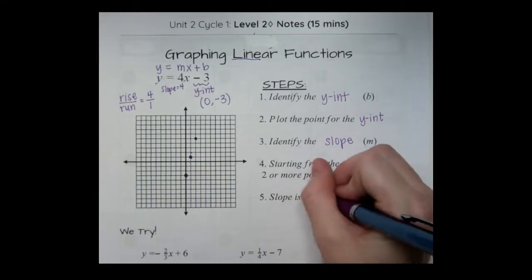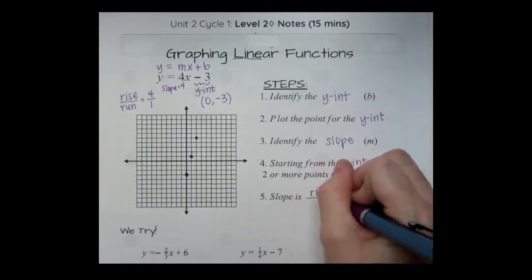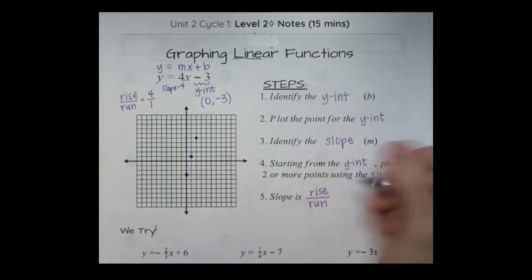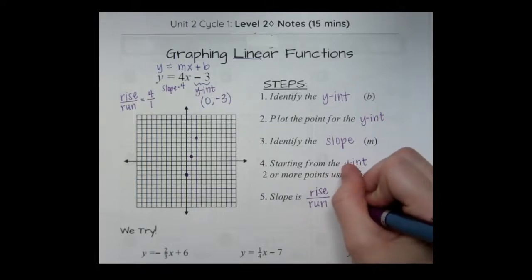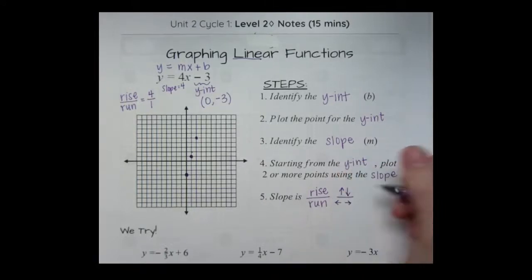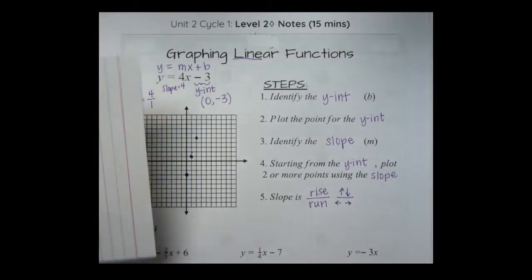Number 5 just reminds us that slope is rise over run. So rise can go up or down. Run can go to the left or to the right. So now we finished our line. The last step of a line is to find some sort of straight edge. I'm going to use a note card.